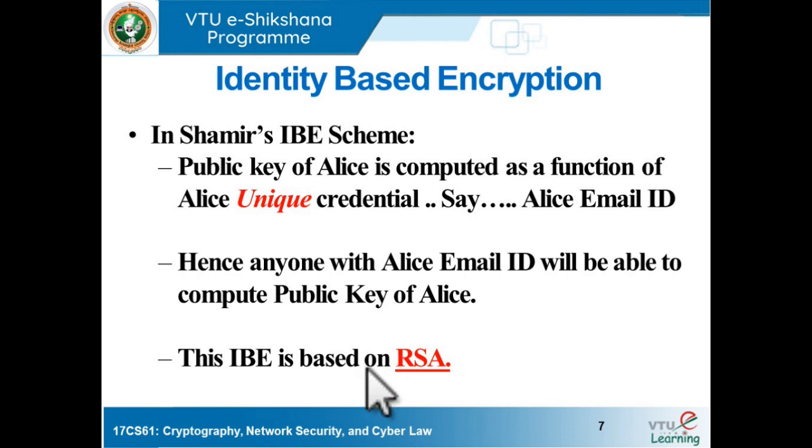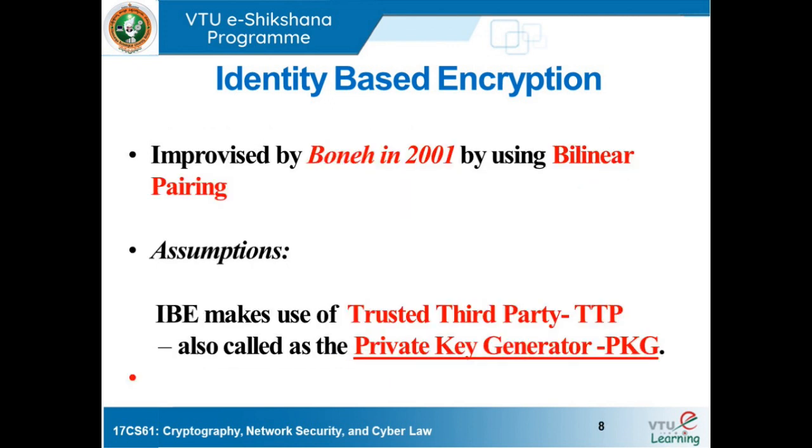Now, this identity-based encryption was based on the RSA algorithm, because it was developed by Shamir, who used RSA in order to propose this particular identity-based encryption. Now, in 2001, Boneh, another computer scientist, used bilinear pairing in order to perform this identity-based encryption.